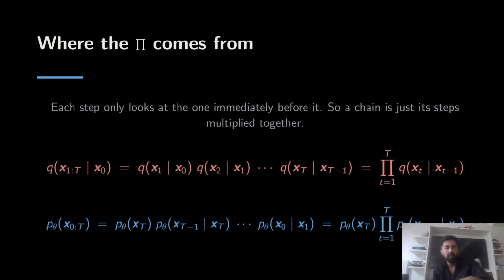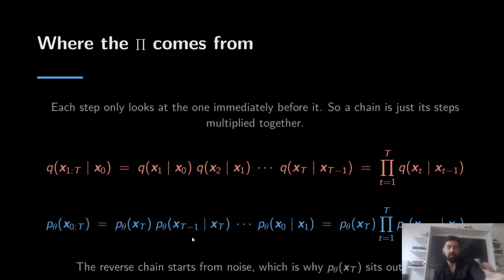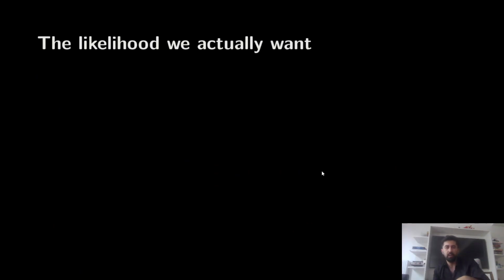till we get xt minus 1 knowing xt. Because we start from pure noise, we can factor out p theta of xt. This is just a notation.